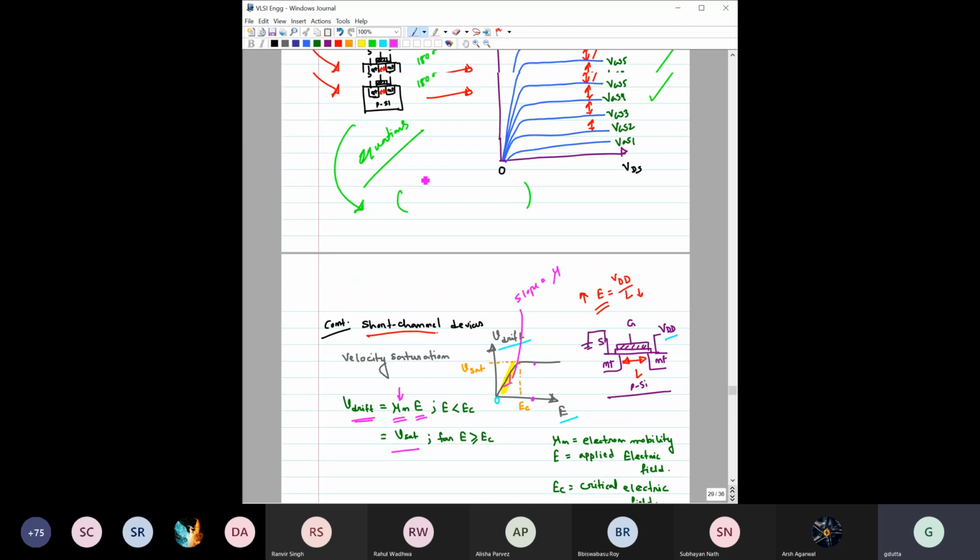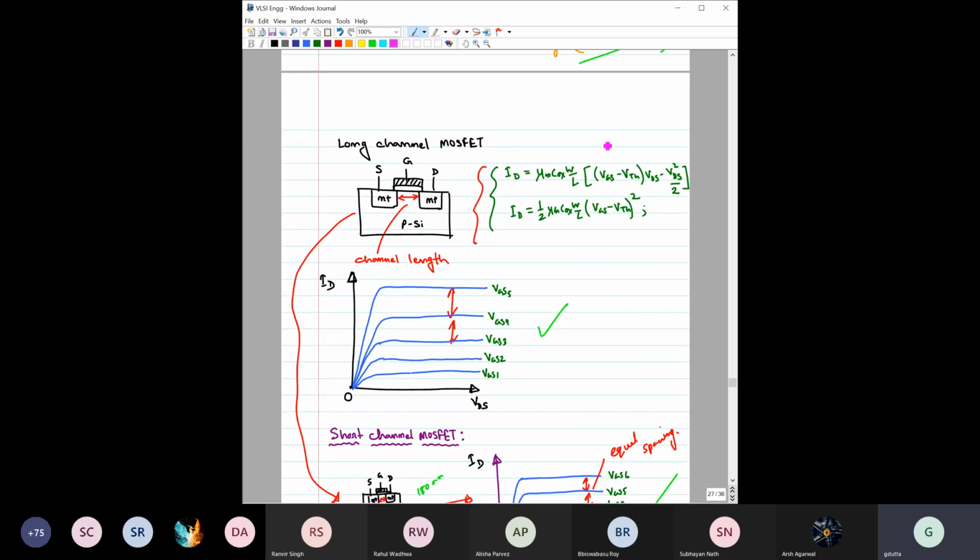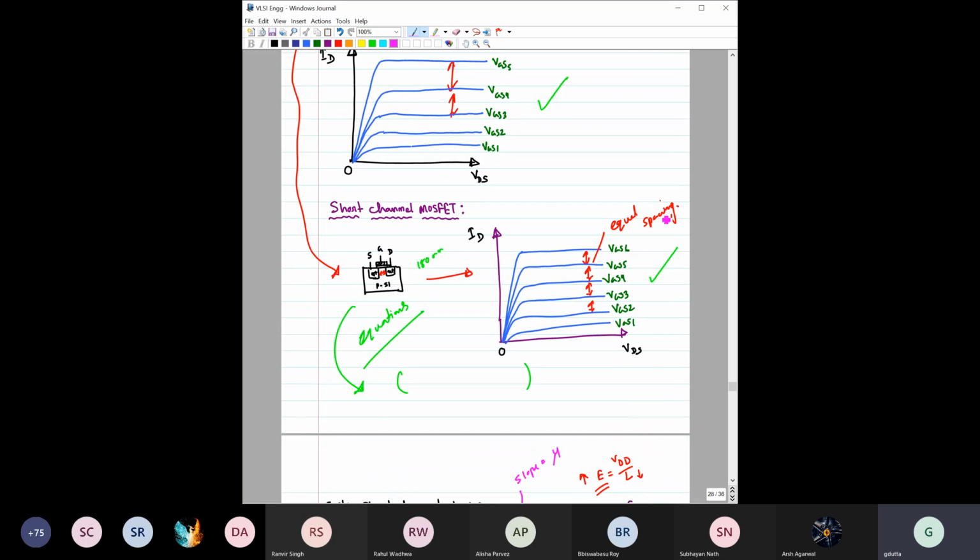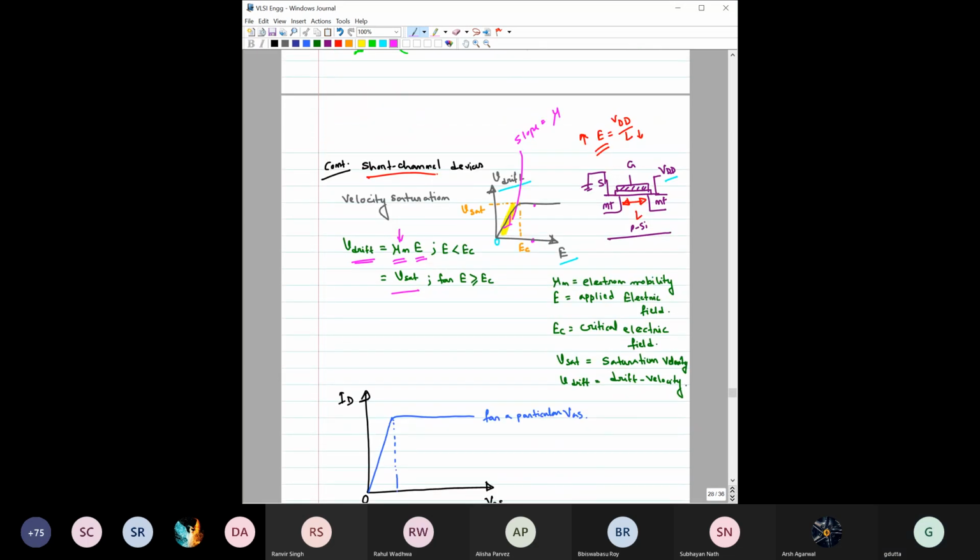Earlier, when these equations were derived, we considered drift velocity versus electric field in this region, so the equations are valid for this region, not for this.